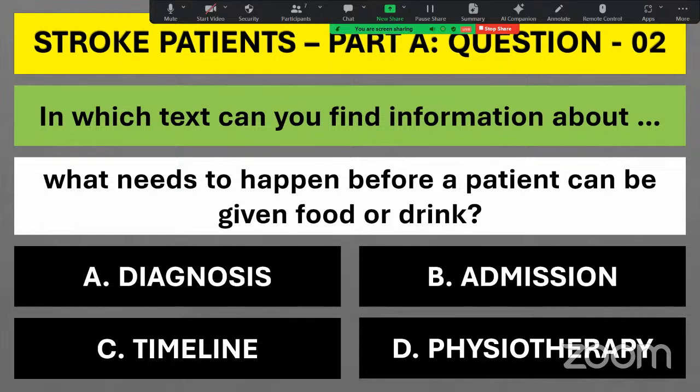Where will you find it? A, B, C, D. Give your answer. 5, 4, 3, 2, 1. Submit.